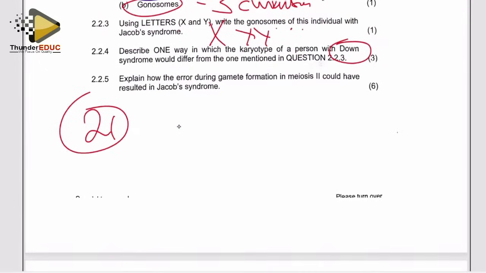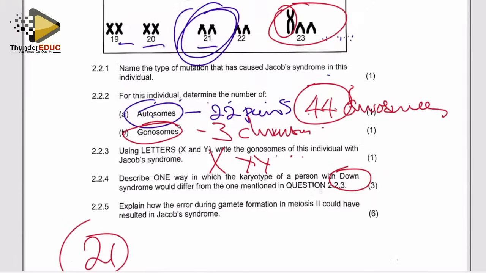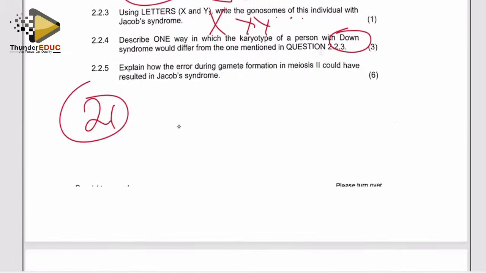You understand? So basically, trisomy 21 Down syndrome occurs in the autosomes, which are non-sex chromosomes, while this one occurs in the sex chromosomes, which we call the gonosomes. So I think that's it.